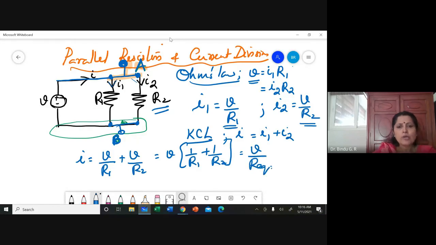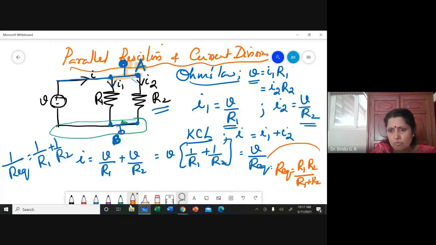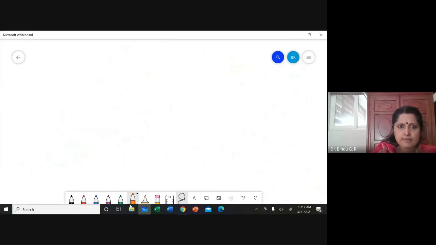So in a parallel circuit, you know that 1 by R effective is equal to 1 by R1 plus 1 by R2 if you have only two resistors, or you normally write R equivalent is equal to R1 R2 by R1 plus R2. This is the equation that you have to remember when you come across parallel resistors and combine them to make a single resistor like this.